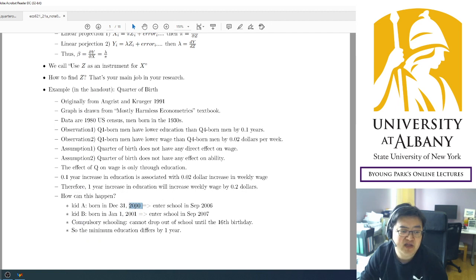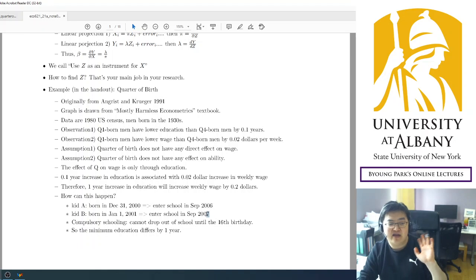So this calendar year difference may change the year they enter school. If you are born in 2000, you can enter school in September 2006. And if you are born in 2001, you enter school in 2007. By the way, it's not real.